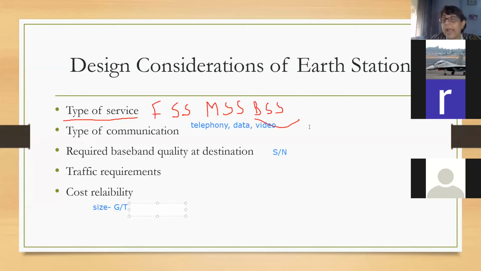So depending upon the type of service, the type of data communication, the type of signal requirement, the quality of the signal, the data rate it is handling, the cost, the reliability, and the size of the antenna, we design the earth station. The earth station on top of your building is a small earth station, and the one at the broadcasting center is a big earth station.